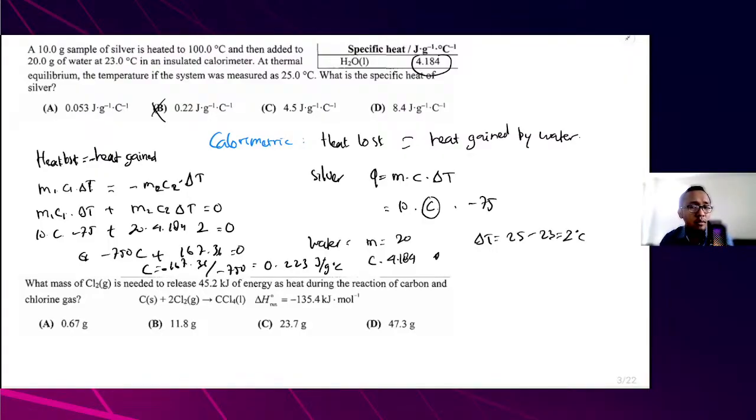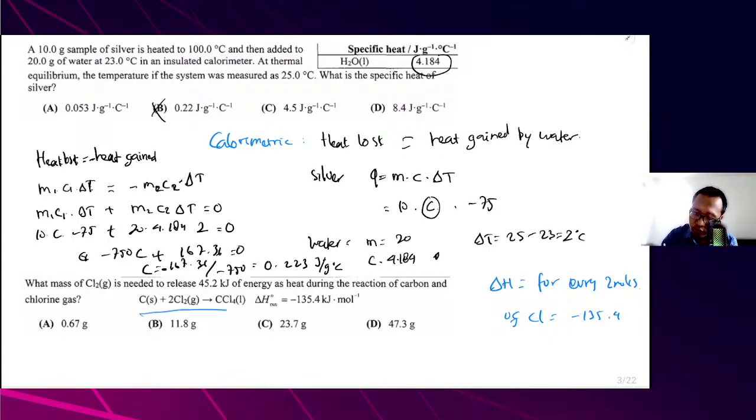Okay, the key idea over here is the enthalpy change is per mole of reaction, as written. For every 2 moles of Cl2, it will be 135.4.